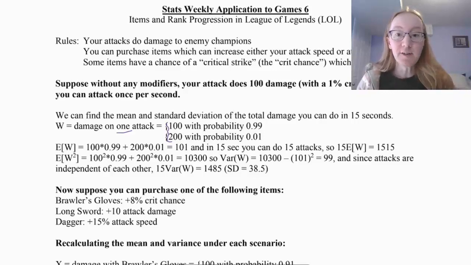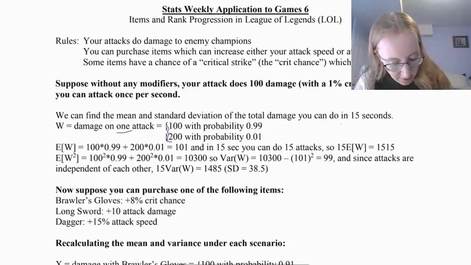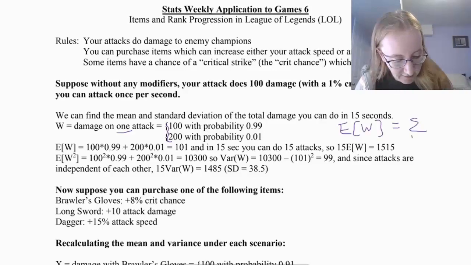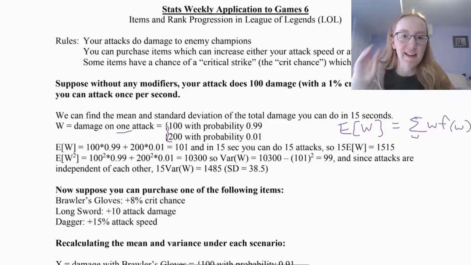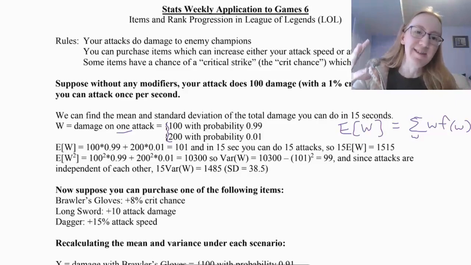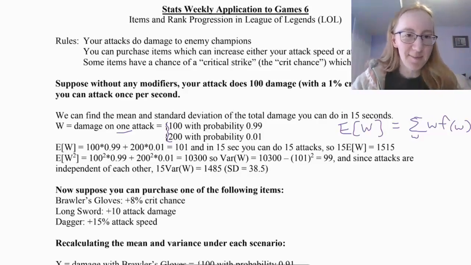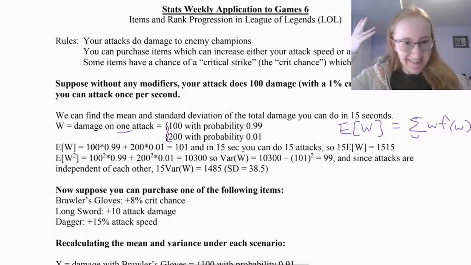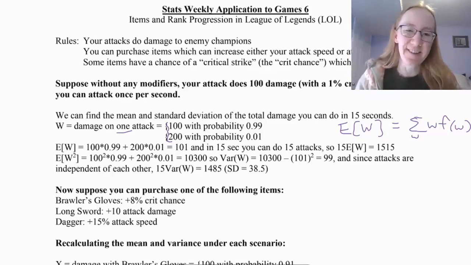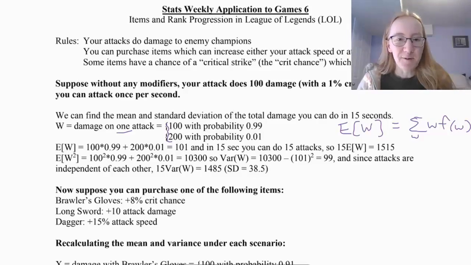So then by definition, we take the expected value of this random variable. The expected value of any random variable is the sum over all values of the random variable of the value times the probability that it takes that value. So for W here, it could be X in general, the sum over all W of W times f of W. That's the expected value of W. If it's X, that's the sum over all X of X f of X. That's what we get here for our expected value.